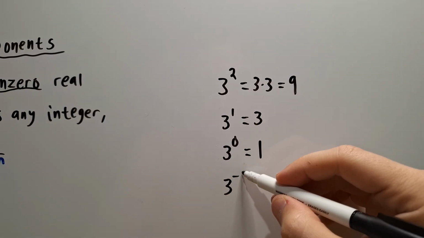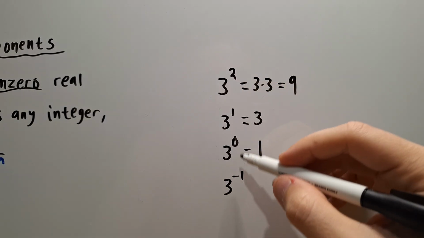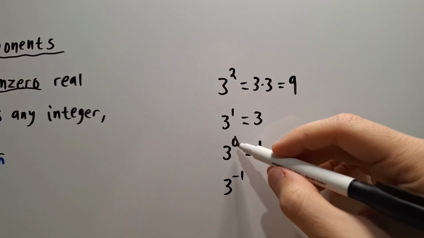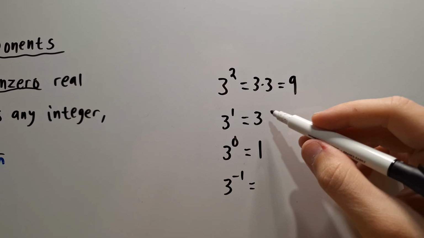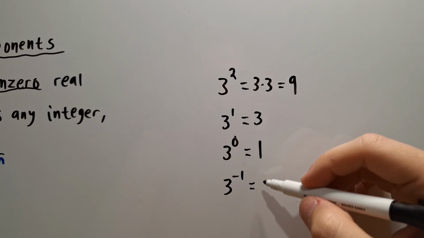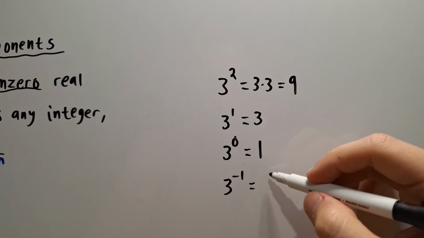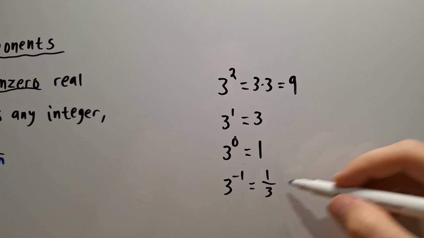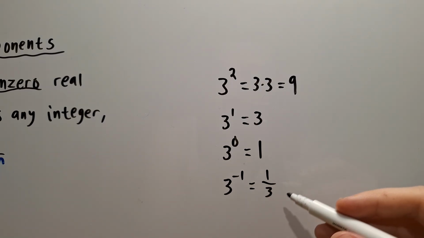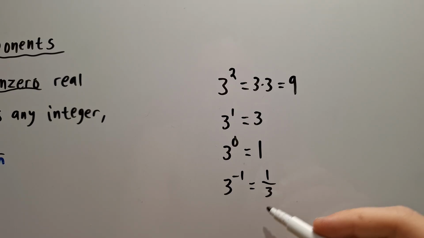So if I have the next integer that comes, rather the integer that comes before 0, that'd be negative 1. So if we're dividing all of these by 3, if we do 1 divided by 3, that's just simply 1/3. This is where the general idea of that negative exponent comes into play.